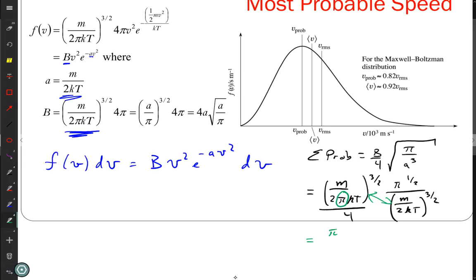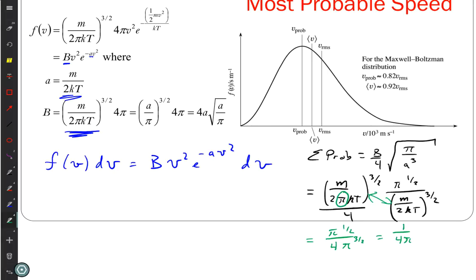Equals... I got 1 over 4 pi. Where did I make a mistake? Somewhere I made a mistake, because obviously it's supposed to be equal to 1.